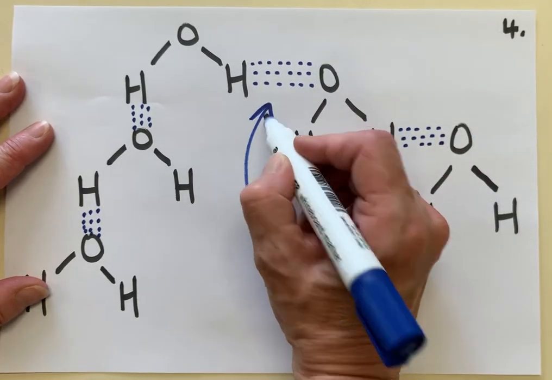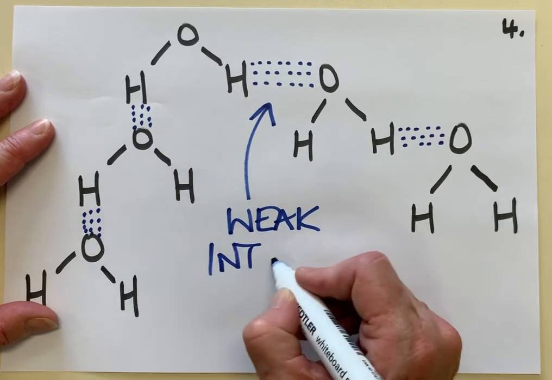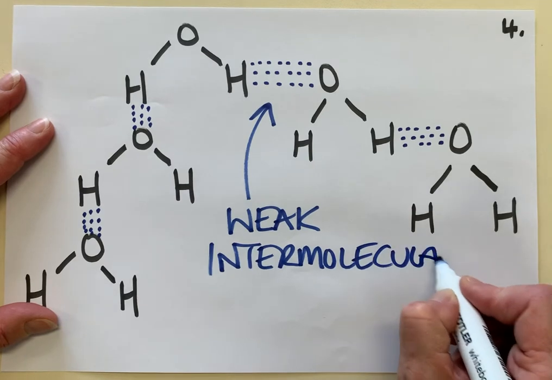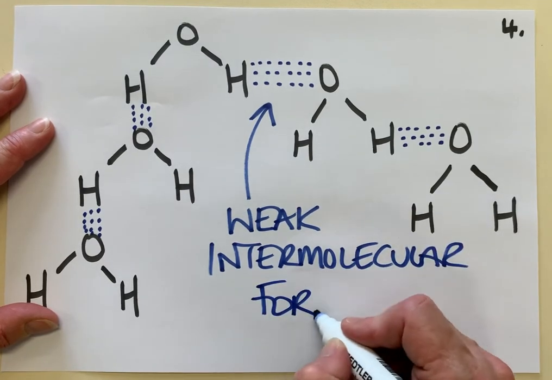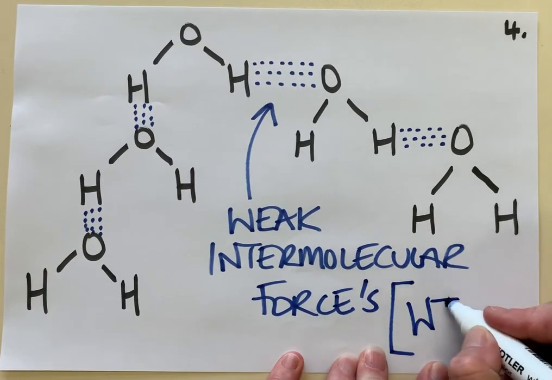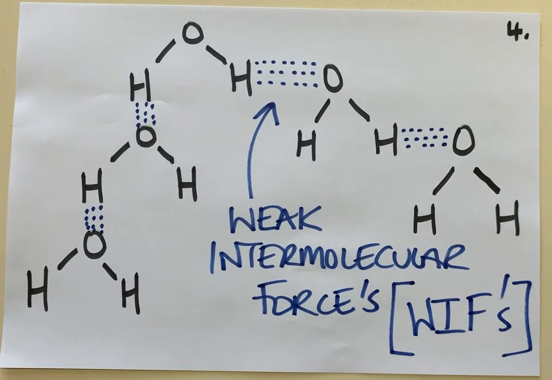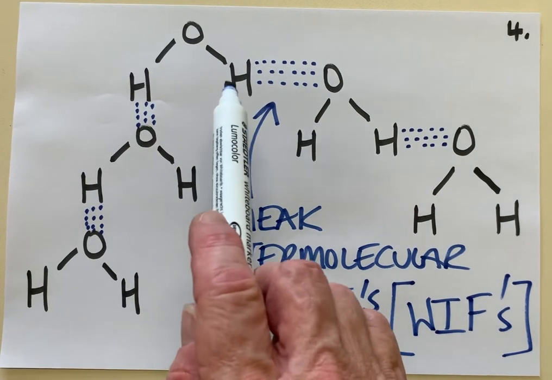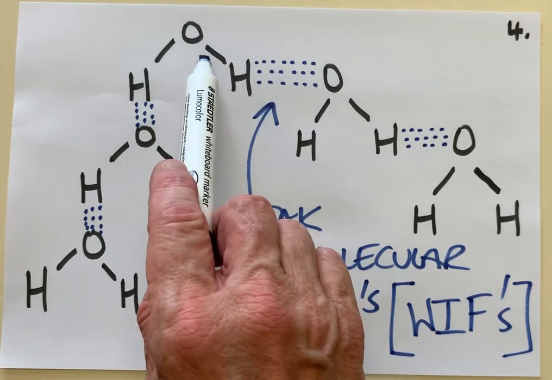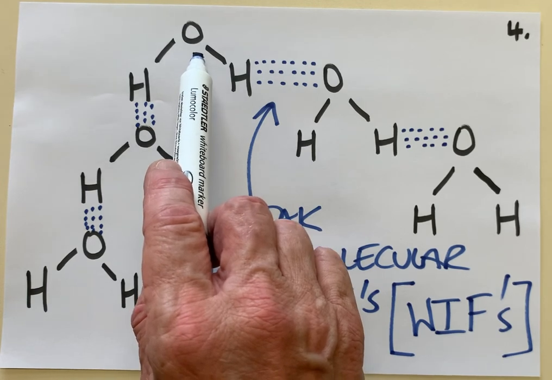So those things there are called weak intermolecular forces. And from this point on, I'm going to call them WIFs. Okay, so they're forces of attraction between molecules, whereas this black line here is a covalent bond, that is the sharing of electrons within a molecule.